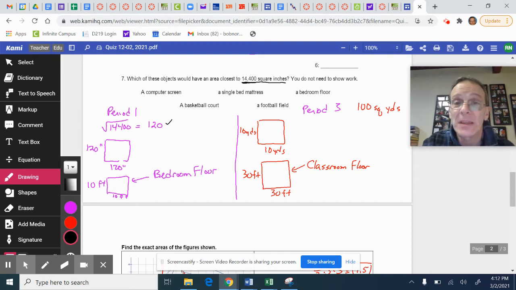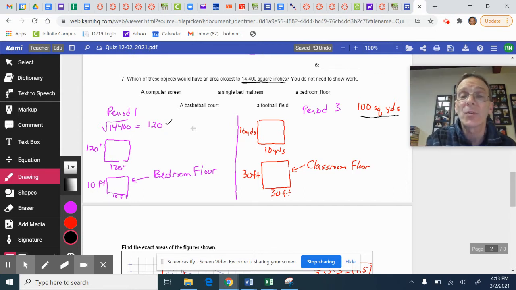For period 3, the given area was not 14,400 square inches, it was 100 square yards. Well, you probably don't even need to reach for a calculator to turn that into a rectangle that is 10 yards by 10 yards. But again, you're probably not as familiar with yard lengths as you are with feet lengths. But I know you know there are 3 feet in a yard.